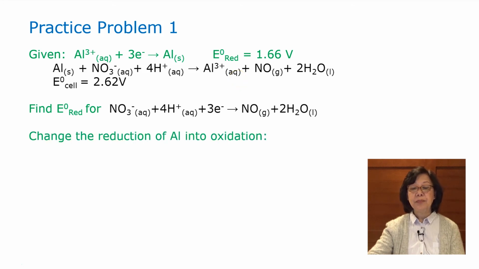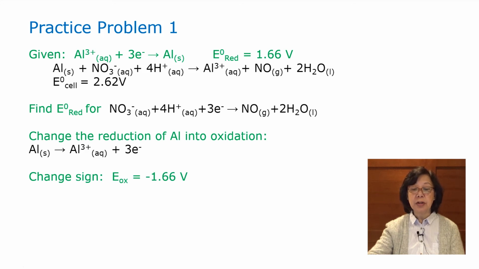Now, if we look at the overall reaction, the aluminum is oxidized. Therefore, we need to turn the given reduction of aluminum ion into oxidation of aluminum metal. When we flip the equation, the cell potential now becomes oxidation, and the sign is changed to 1.66 volts.